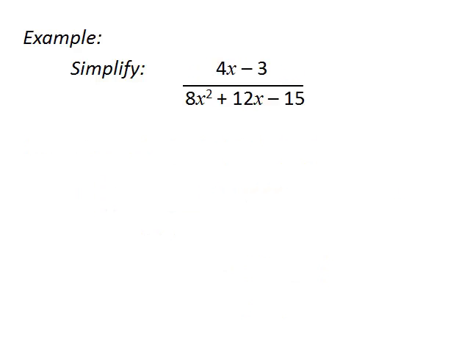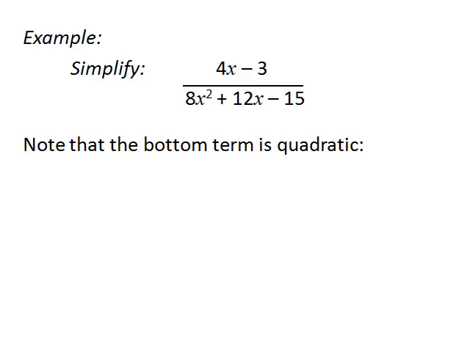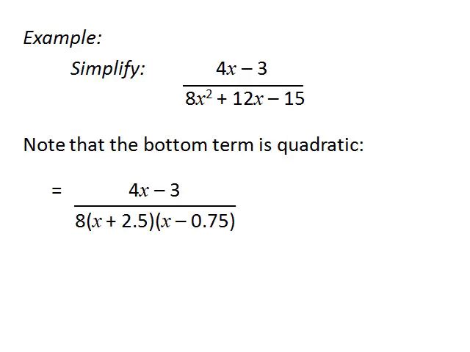Do another one. This time we notice the quadratic is on the bottom. So we factorize the bottom using our calculator, and I'm not going to do it, but it'll give you the solutions at minus 2.5 and plus 0.75, and obviously it's the reverse.